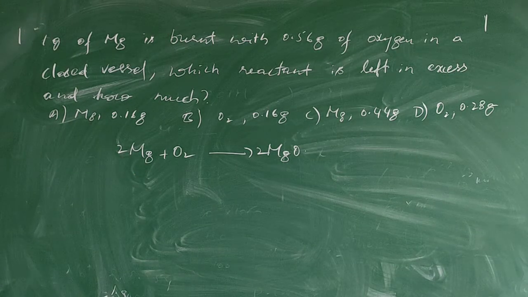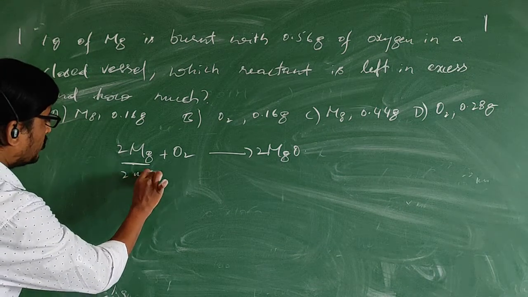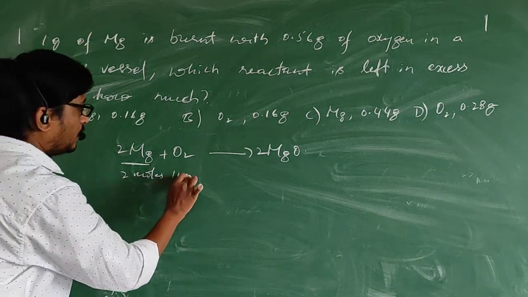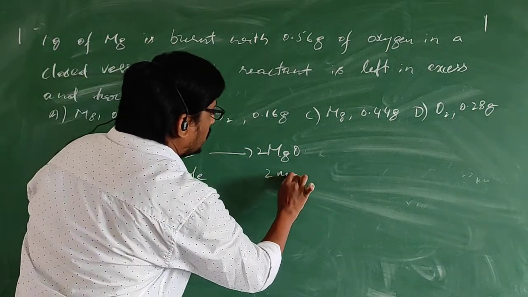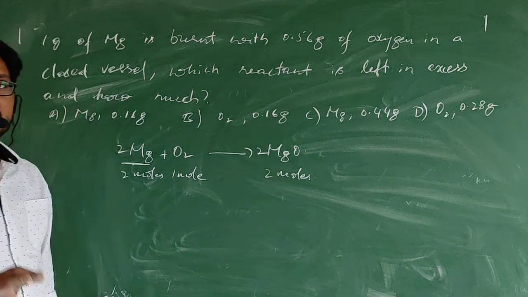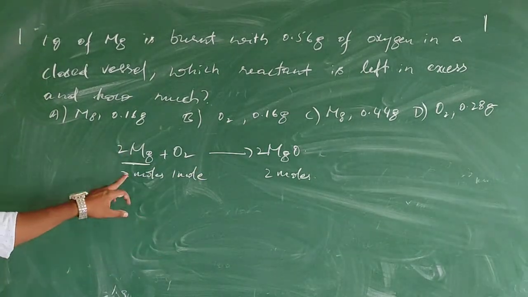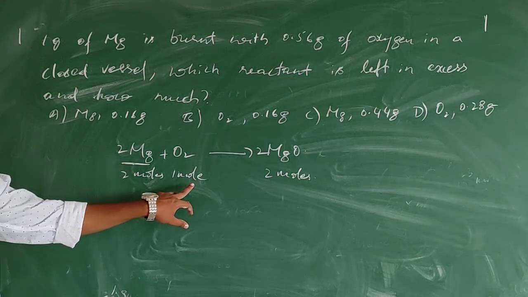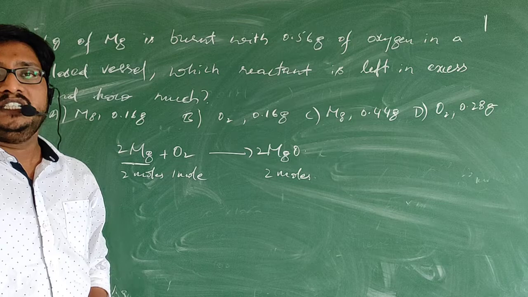See here. From this you can understand 2 moles of magnesium is reacting with 1 mole of oxygen to form 2 moles of magnesium oxide. Simple thing. From the balanced chemical equation, you can understand that 2 moles of magnesium will react with 1 mole of oxygen to form 2 moles of magnesium oxide. Is that right?